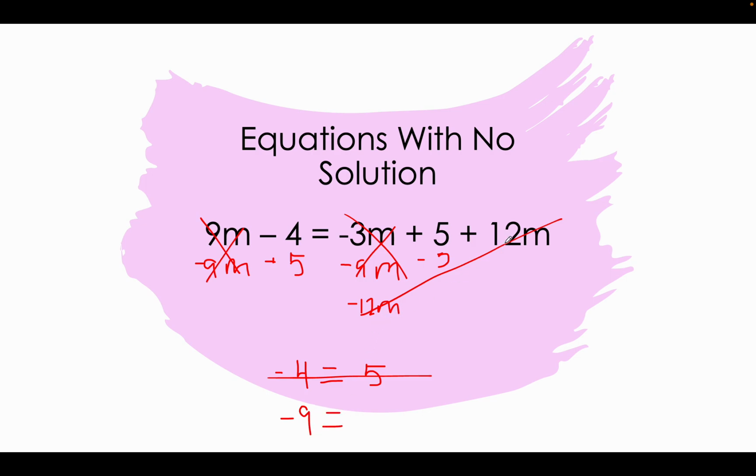And because I have the m's all gone, that means this side is 0. There are no m's, there's no numbers left, everything is gone, it's 0. Well, minus 9 does not equal 0. And moreover, it doesn't tell me what m equaled.